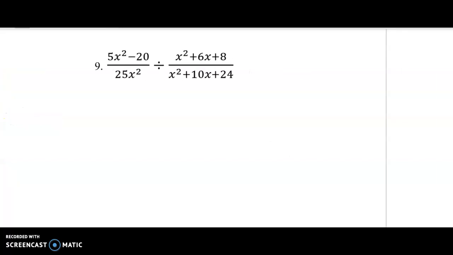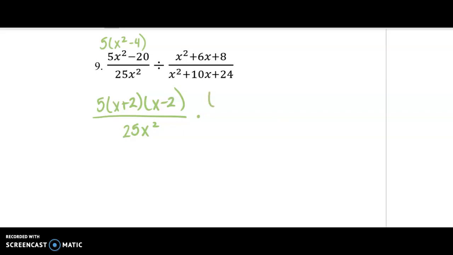Okay, up here I can factor out first the 5, so I would have x squared minus 4, which is a difference of squares problem. So that's really going to be 5 times x plus 2 times x minus 2 over 25x squared. I can't simplify that. Times, remember, we're flipping it, so x plus 4 times x plus 6, because I'm factoring out this bottom one first technically, over x plus 4 times x plus 2.